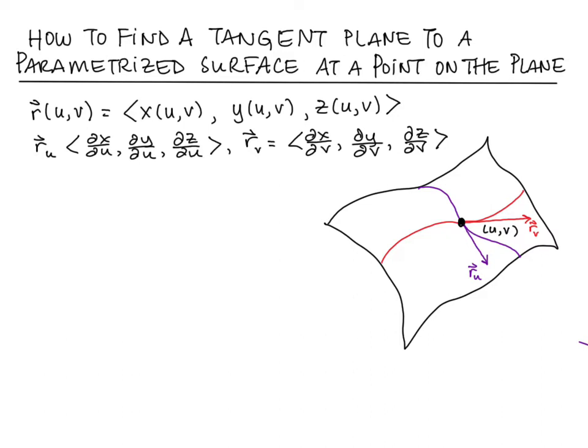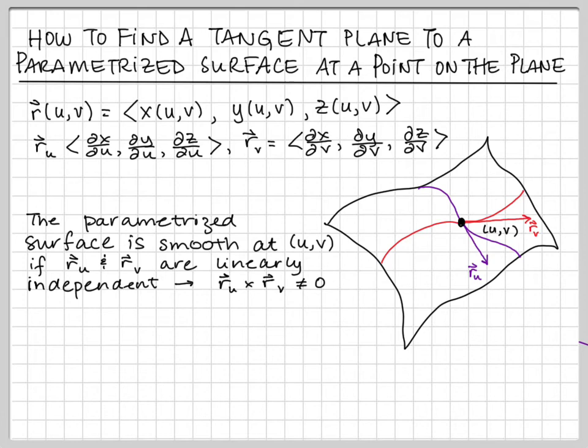We say that a parametrized surface is smooth at uv if the derivative with respect to u and the derivative with respect to v, these r sub u and r sub v vectors, are linearly independent. And if we are in three dimensions, then we have an easy way to check if two vectors are linearly independent. We just check their cross product and make sure the cross product does not equal 0.